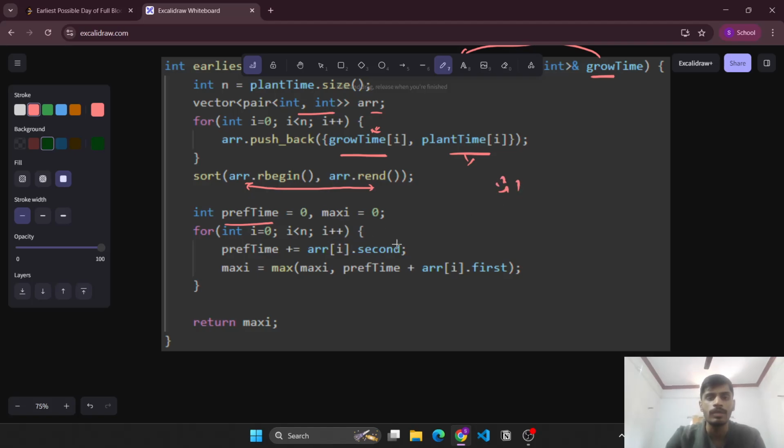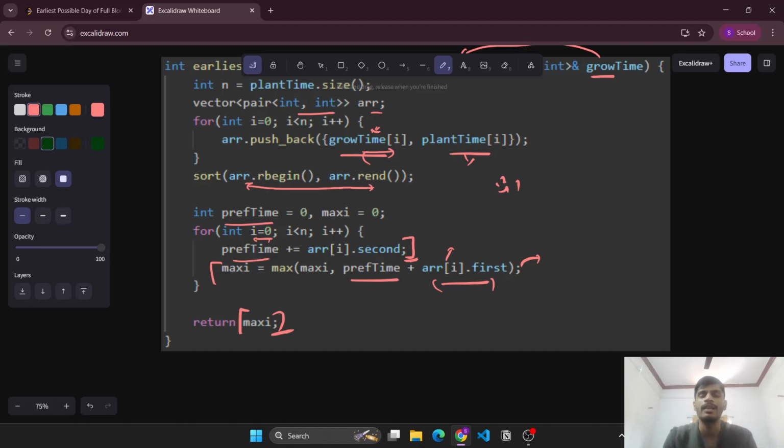It will be getting added at each step, meaning we will be adding the plant time. Now this prefix time stores the planting completion time for the ith seed. At each step we want to find the rightmost bound. So the rightmost bound will be simply the planting completion time plus arr[i].first, which is storing the grow time of i. So we find the maximum right bound and simply return this maximum bound.